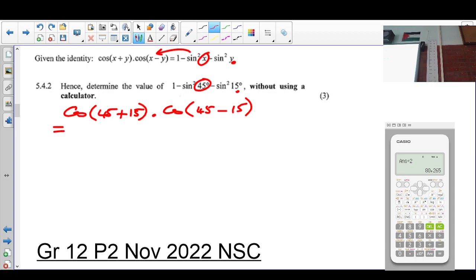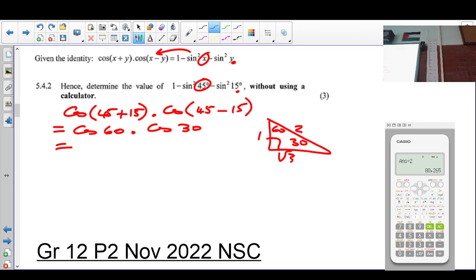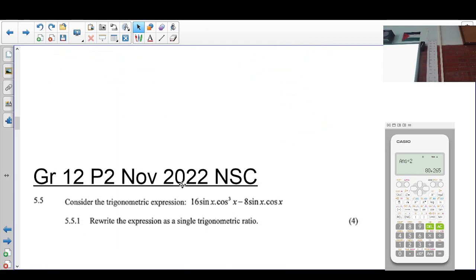So in turn, it's going to give us cos 60 times cos 30. So that takes us to the special triangle here of 30, 60. So it's 1, 2, root 3. Cos of 60 is a half times cos of 30 is root 3 over 2. So it's root 3 over 4. A nice question there to link it.